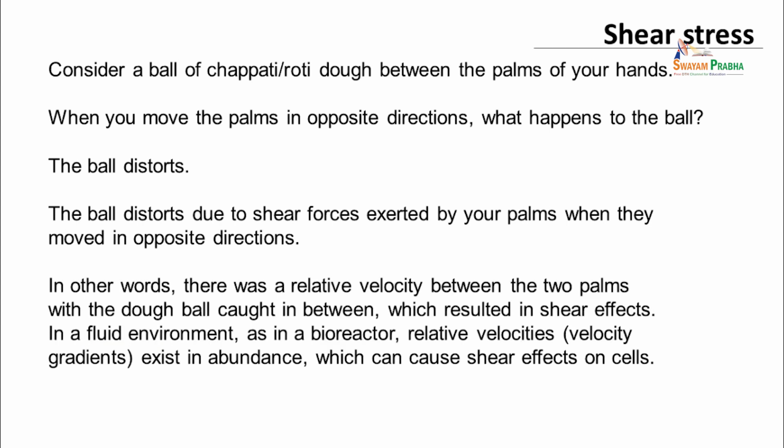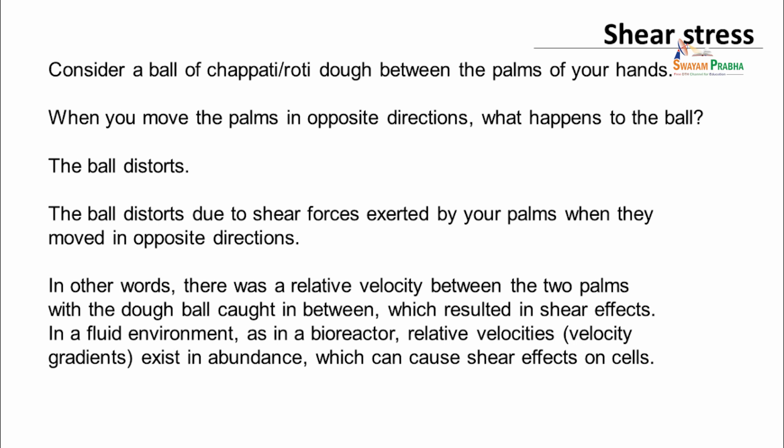In other words, when there is a relative velocity between the two palms, this palm is moving in this direction, this palm is moving in this direction, or it could be both moving in the same direction but at different velocities. As long as there is a relative velocity between the two palms, the dough ball that is caught in between is going to experience shear stress, which could deform the dough ball.